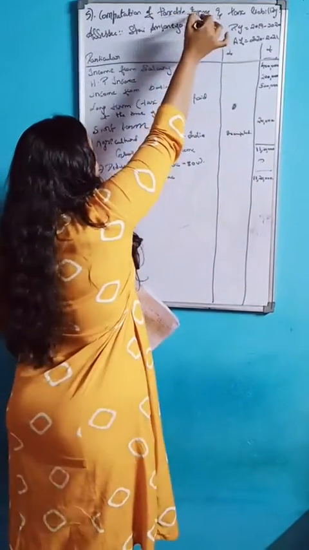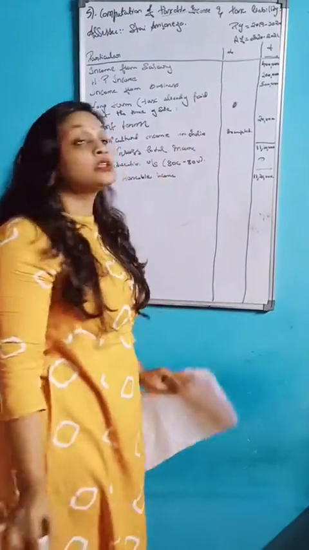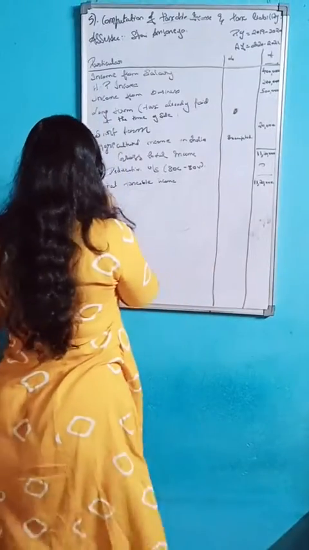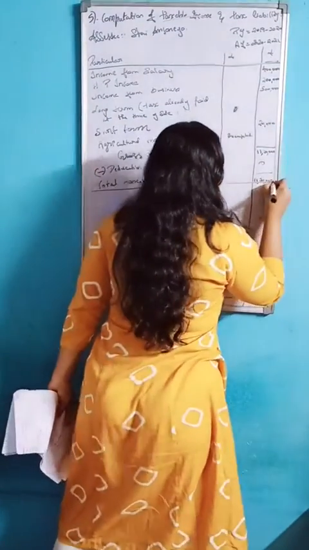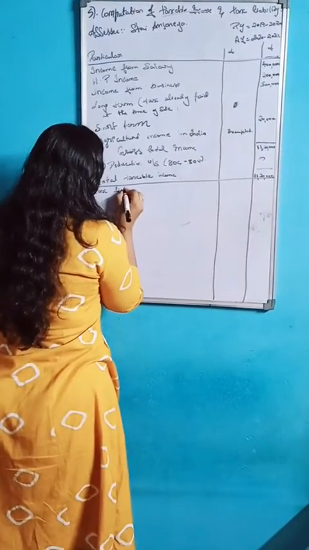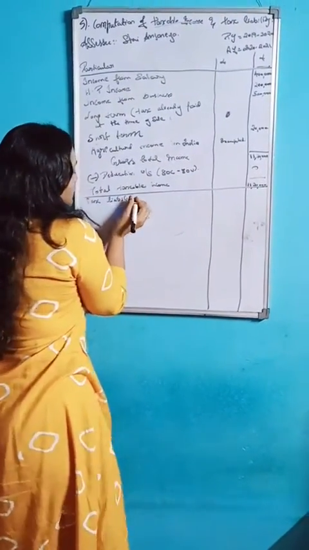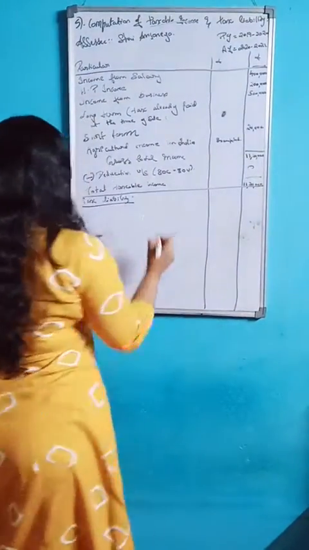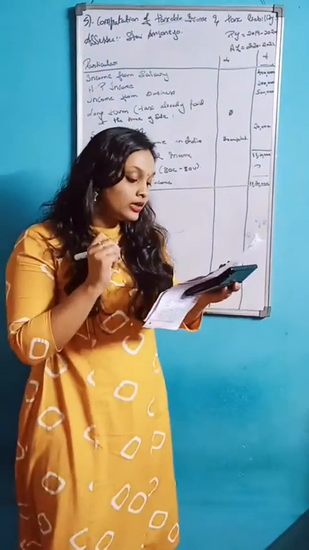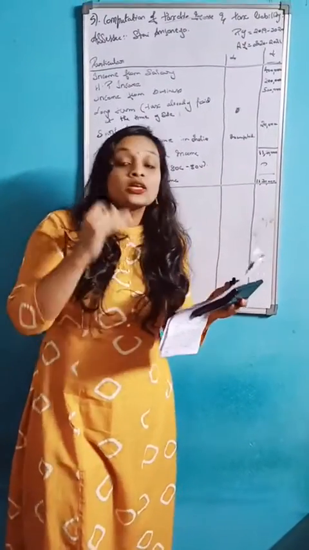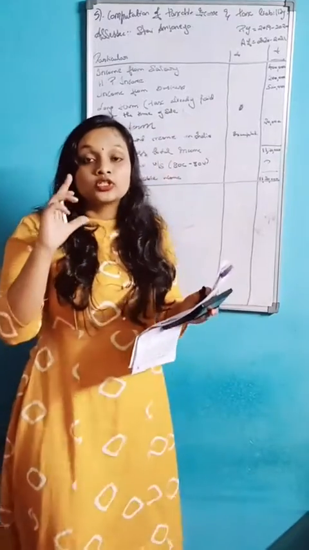So taxable income we have calculated, and now we should calculate the tax liability. Okay. So I'll write here tax liability. If the question says less than 60 years, below 60 years, there is some format, isn't it? So what is the format?